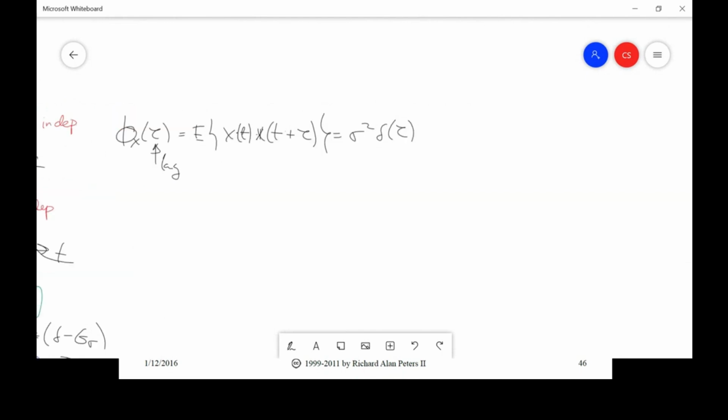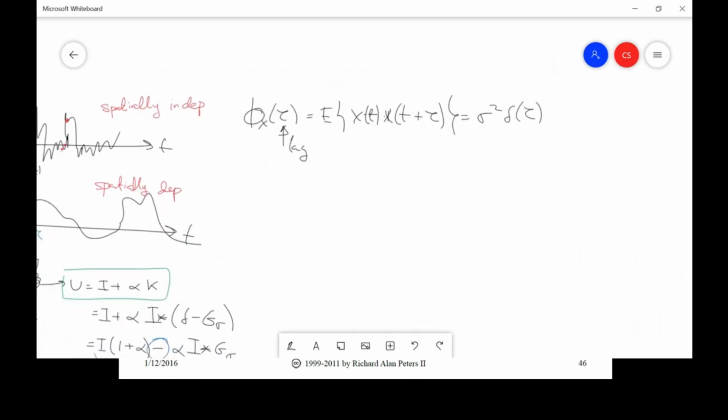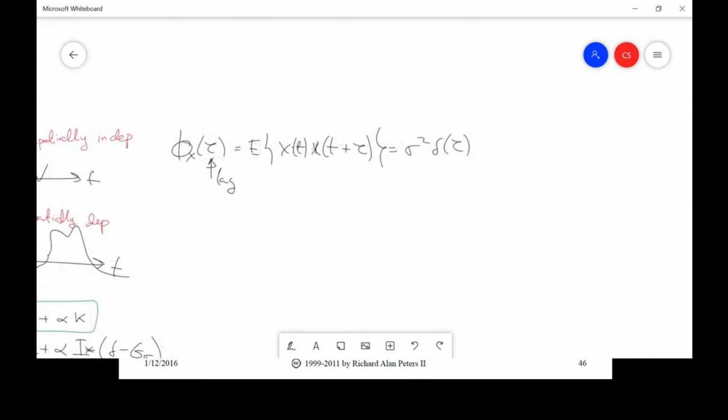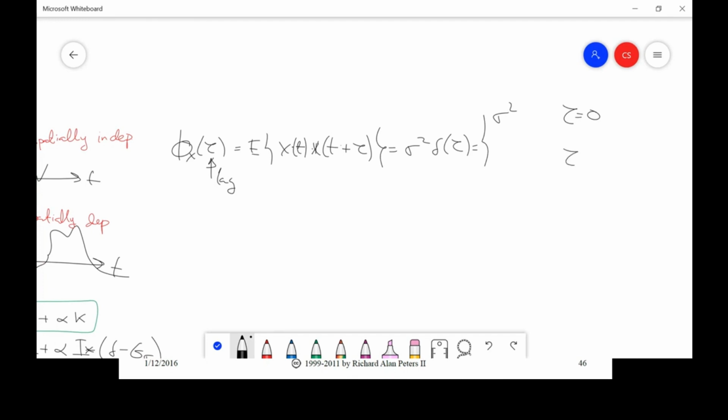That means if tau is equal to 0, then this expected value is something, that is the variance of your signal. If tau is different from 0, this is 0. That means that you don't know anything. The expected value is 0. You don't know where to go.